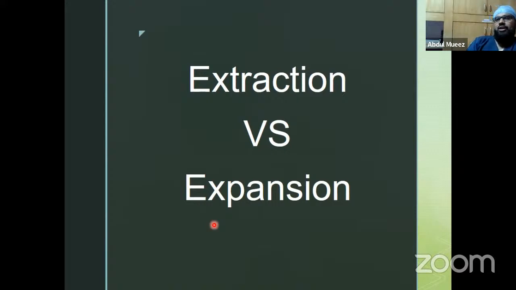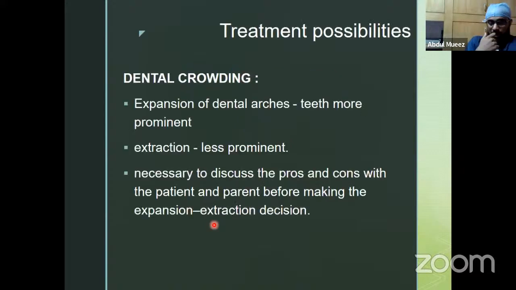First thing, the space availability. In crowding, for example, if there is no space at all, probably we have to go for an extraction. And all the parameters which I have discussed prior to that, be it the buccal corridor space, be it the size of the teeth, all this comes into play now.